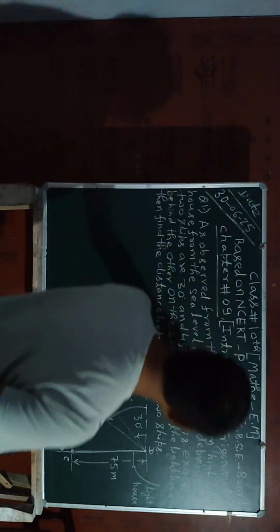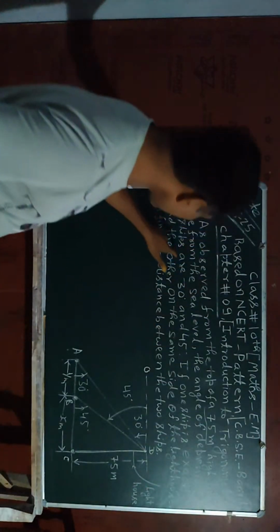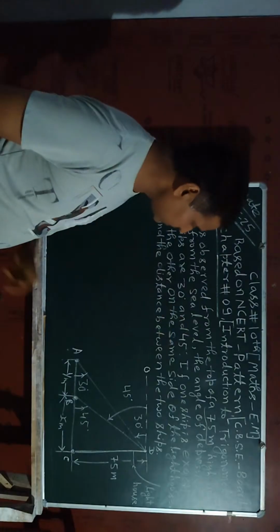Now the angles of depression of two ships are 30 degrees and 45 degrees.